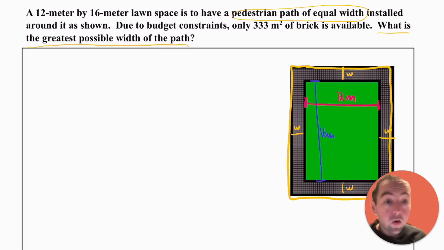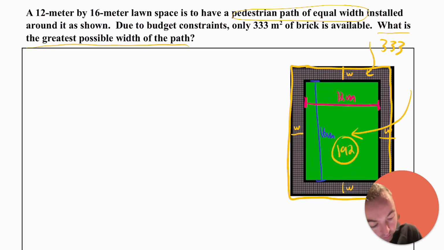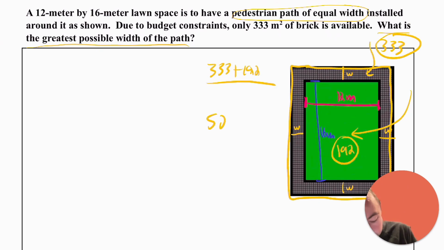Since the brick area is 333, and the lawn space has dimensions 12 and 16, 12 times 16 gives you an area of 192. Putting 192 square meters together with 333 square meters, the overall area would be 333 plus 192, which gives you 525 total area.